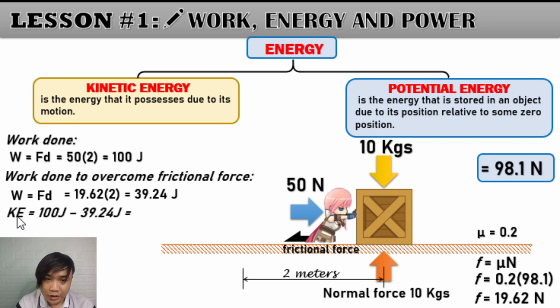So the kinetic energy produced is equal to the work done when frictionless minus the work done to overcome friction, 39.24 joules. So the total is 60.76 joules, which is the equivalent kinetic energy he exerted.